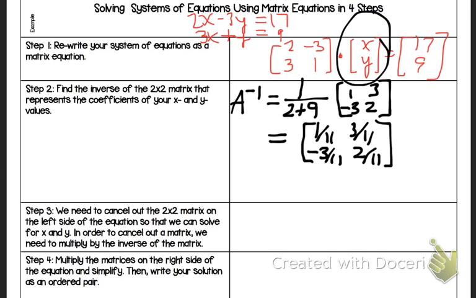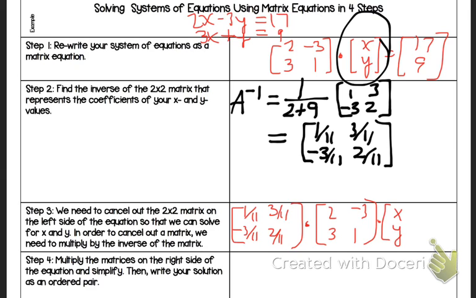Okay, next you're going to take your inverse matrix and multiply it by each side of the equation. So basically you're going to take our 1/11, 3/11, negative 3/11, and 2/11 times the left side, which would be 2, 3, negative 3, 1, and then you still have this xy over here.